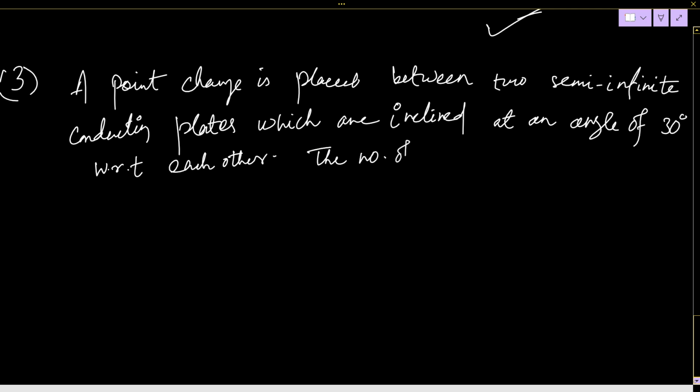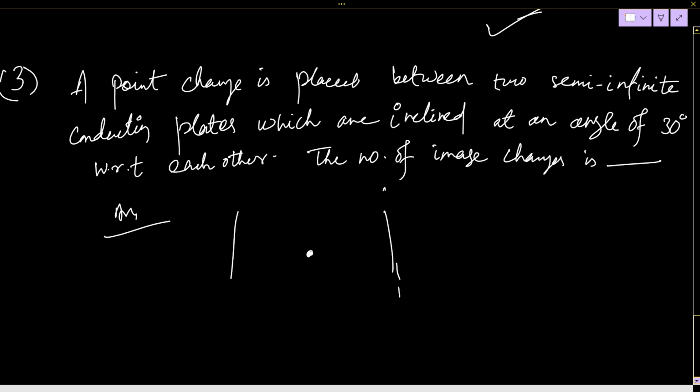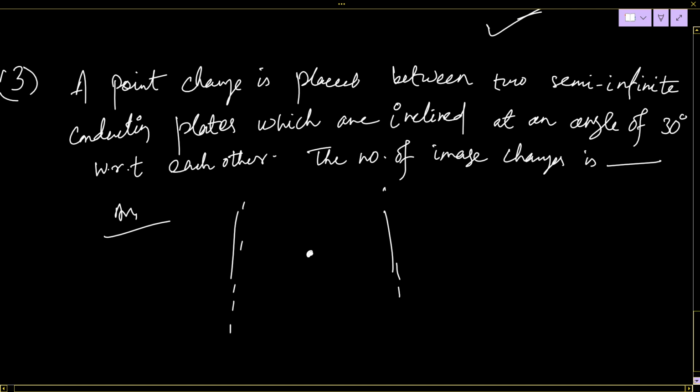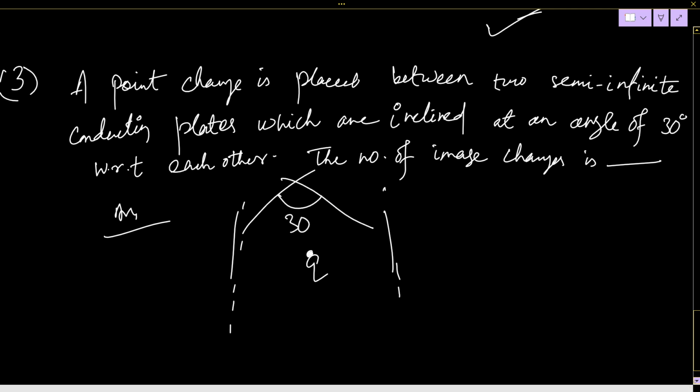The number of image charges is, okay. The answer. See, a point charge is placed between two semi-infinite conducting plates which are inclined at an angle of 30 degree with respect to each other.